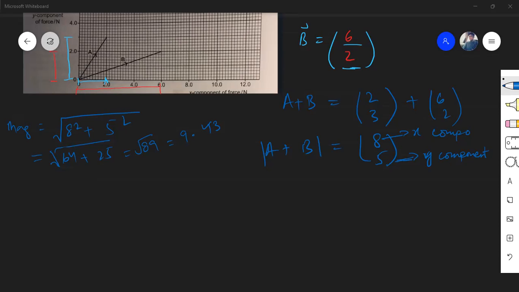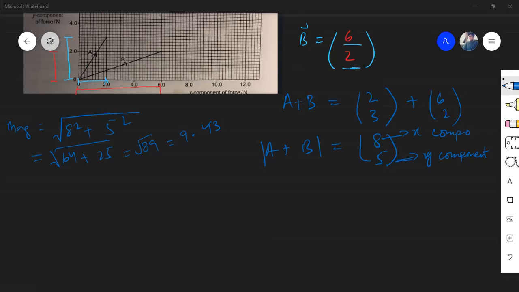Does it work for any component of anything? Yeah, that's how vectors are supposed to work. So the magnitude of any vector is equal to the square root of the sum of the squares of its components.